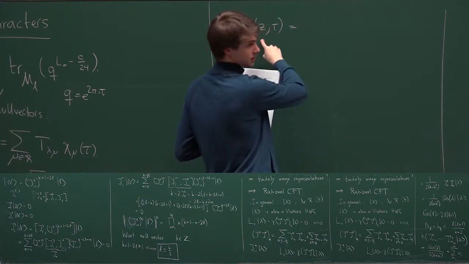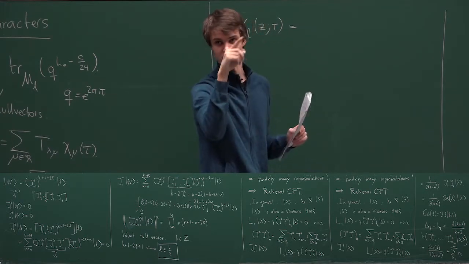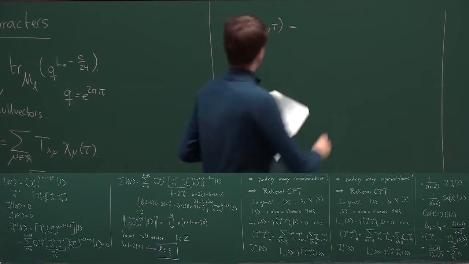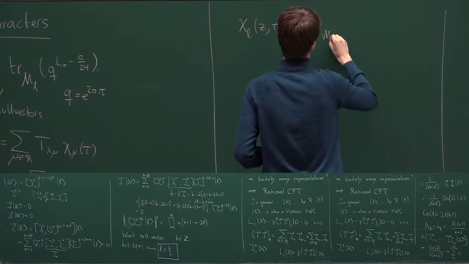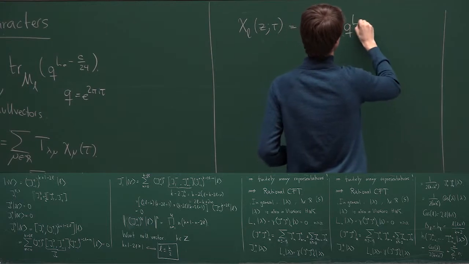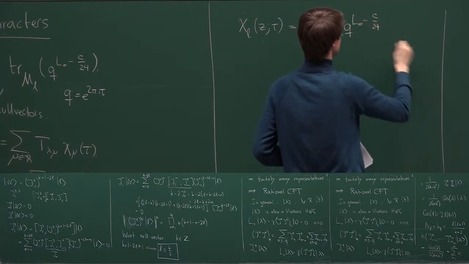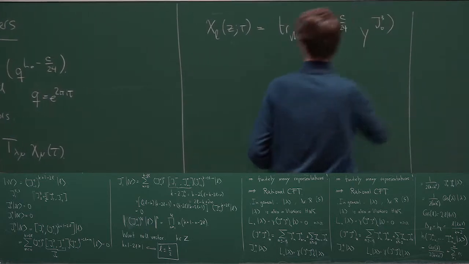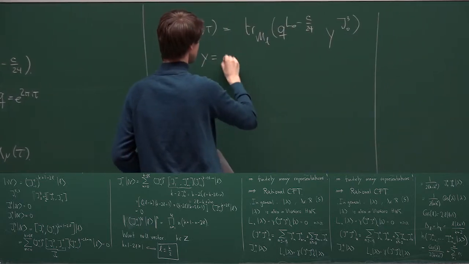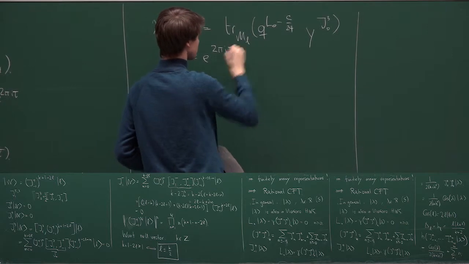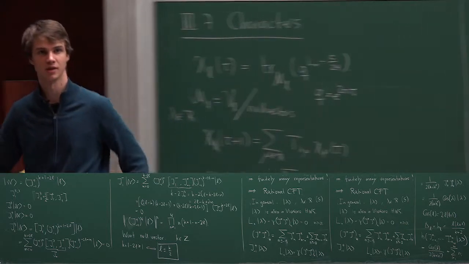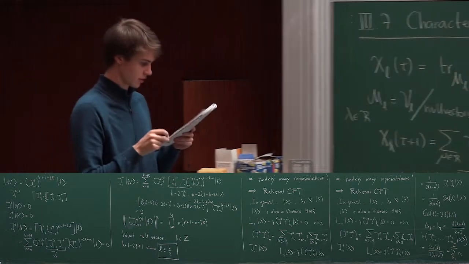This z has nothing to do with the z coordinates in the complex plane we used before. It's just some auxiliary variable. This is now the trace over the representation M_L of q to the L0 minus c over 24, and now I put another y to the J03. And y, similarly to q, is the exponential of 2 pi i z. If you want, this is the fugacity of that additional variable.